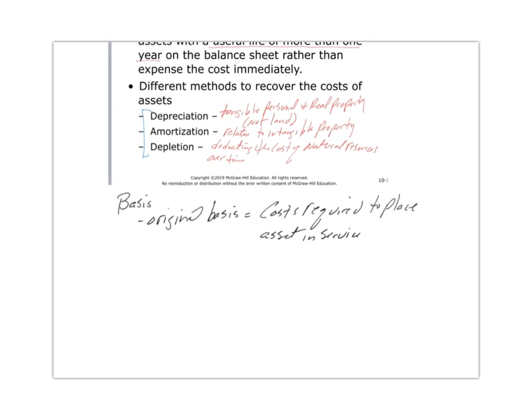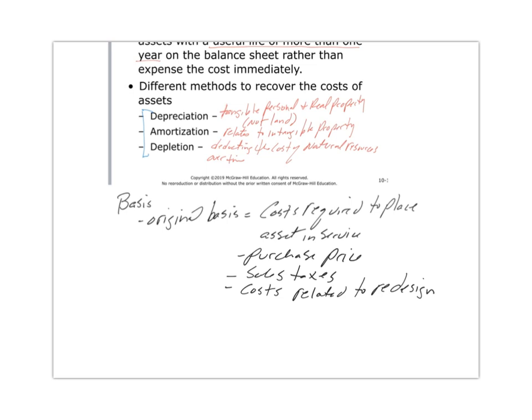So, what are some common examples of this? Purchase price, sales taxes, costs related to redesign so that it can be used for a particular purpose. All right, these are all potential items for the original basis.